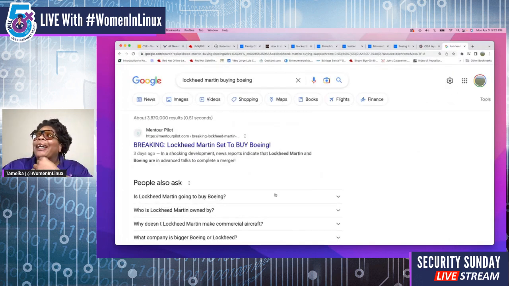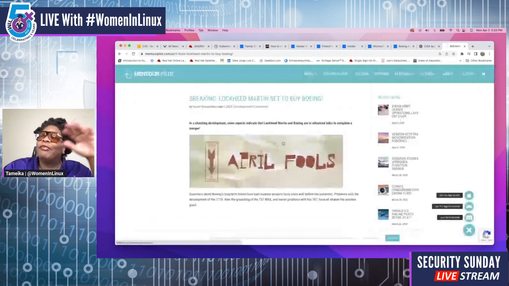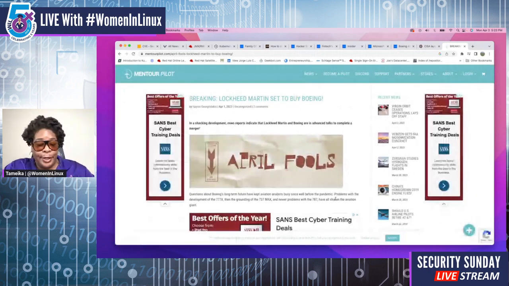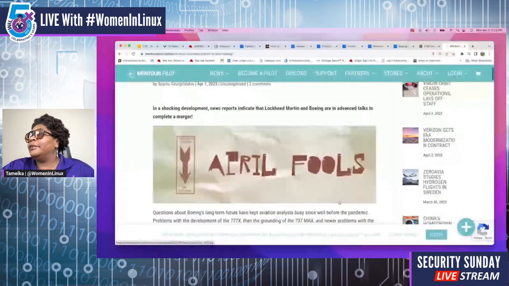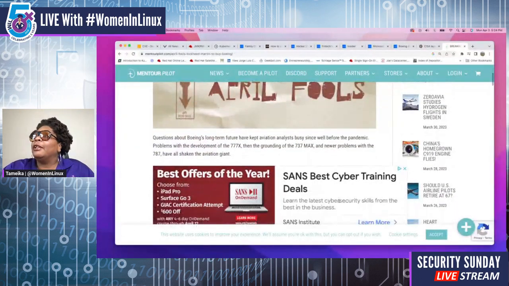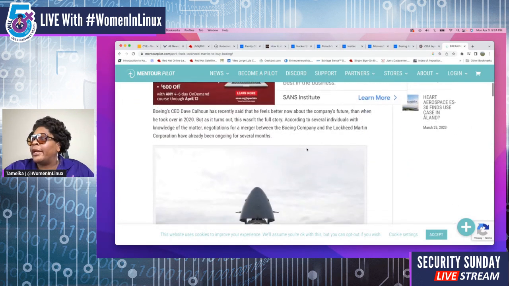Lockheed Martin buying Boeing is huge. That is huge. From what we know about Boeing, questions about its long-term future have kept aviation analysts busy, while before the pandemic there were problems with the development of the 777X and the grounding of the 737, right?